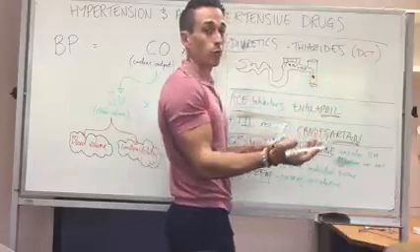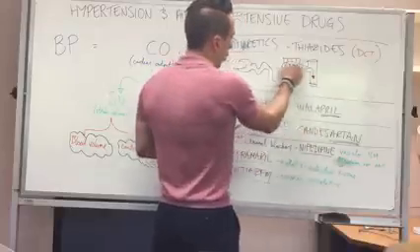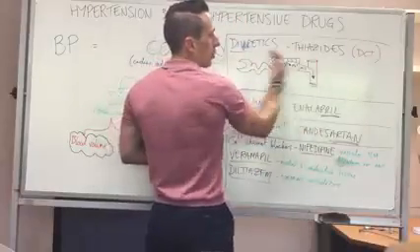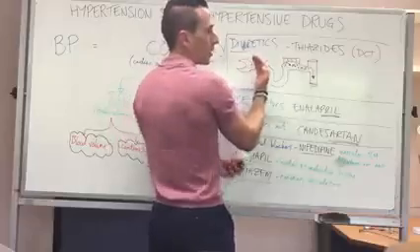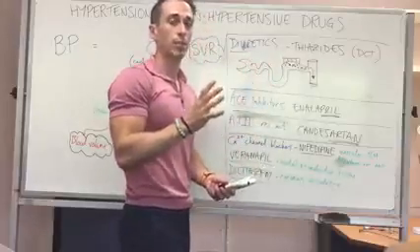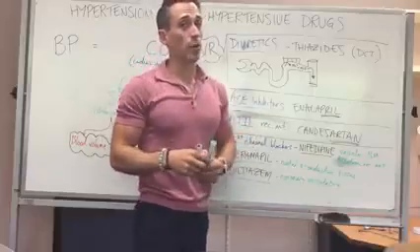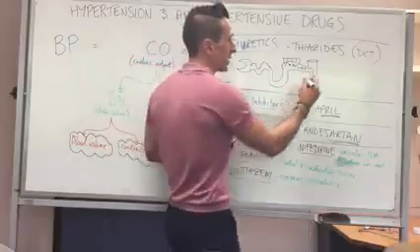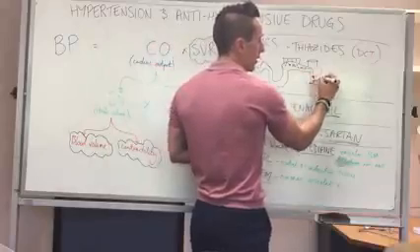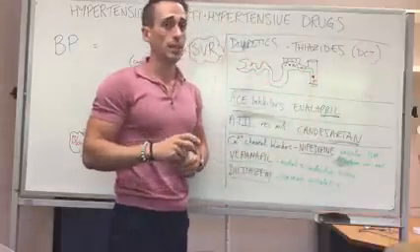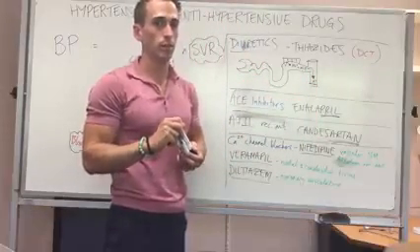Sodium and water, reducing blood volume. Now, all diuretics that act prior to this area here result in potassium being peed out as well, which means that it's not a potassium sparing diuretic. So you need to be careful with the potassium levels of the patient who takes this medication.